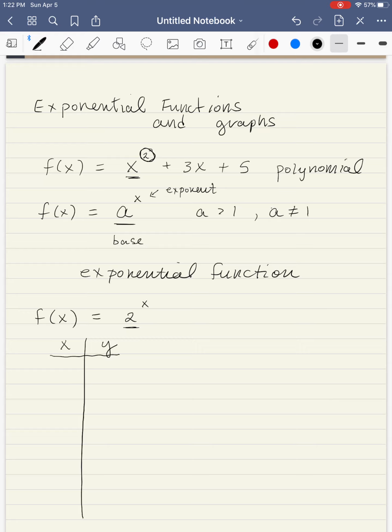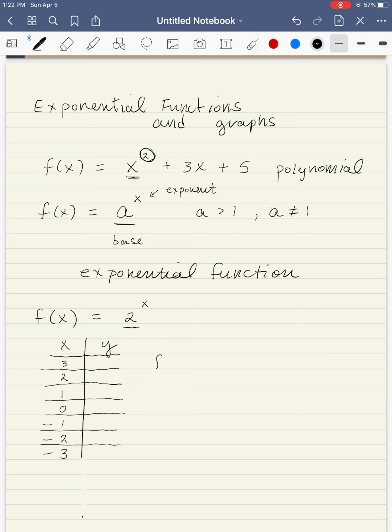So what I want you to do is take each of these numbers, plug them into the function, and figure out what y is. I'll do the first one so you can see what I'm saying here.